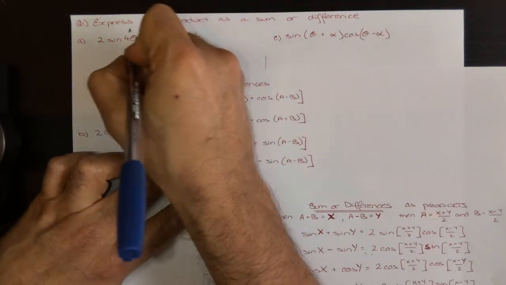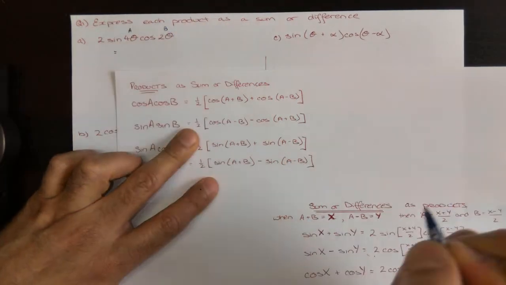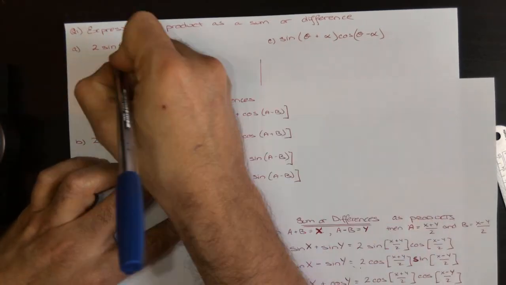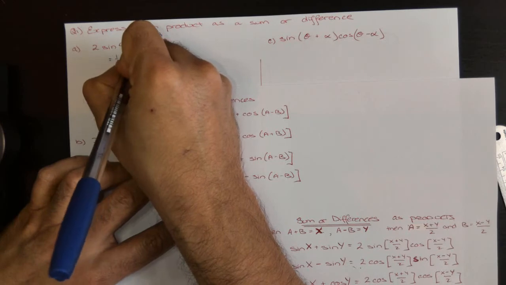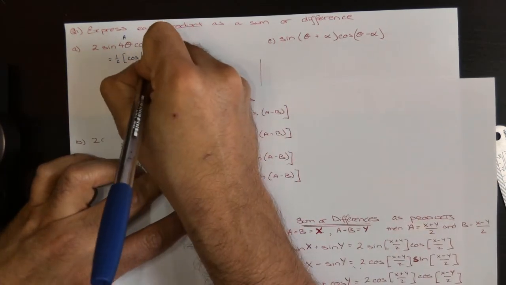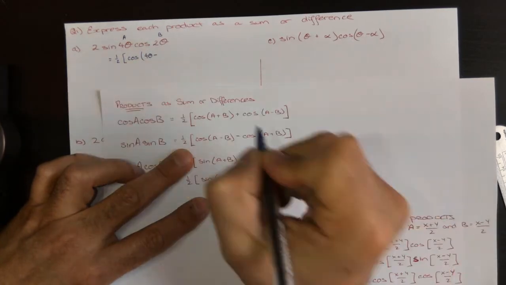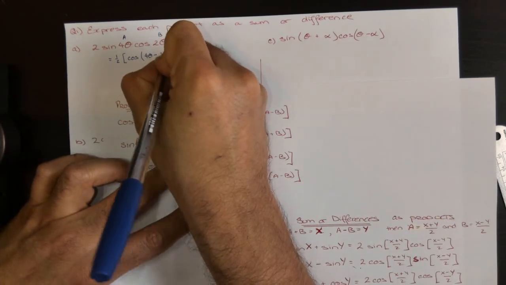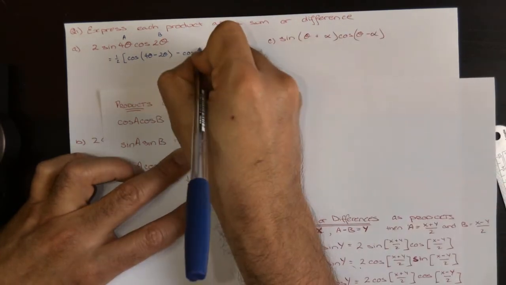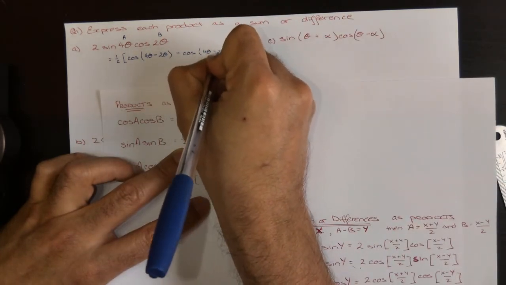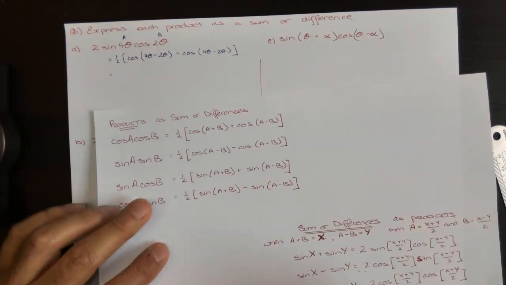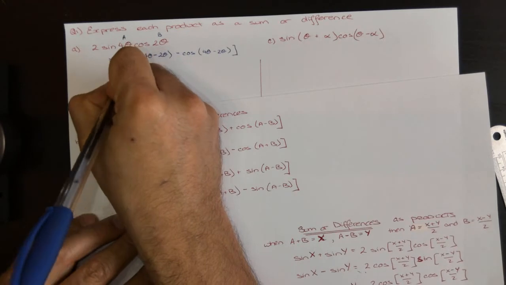Okay, so that would equal a half cos of 4 theta minus 2 theta minus cos of 4 theta minus 2 theta. If I just keep that half there for a second, I'll talk about that soon.